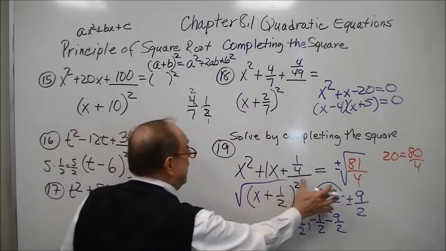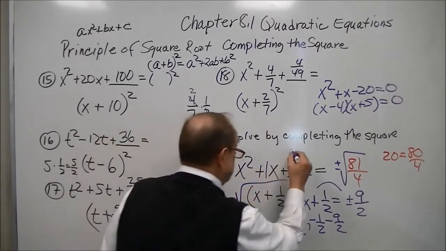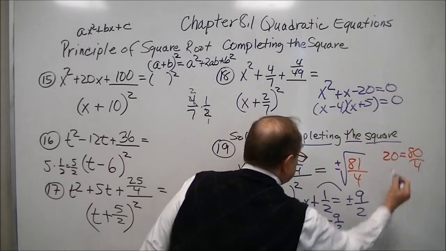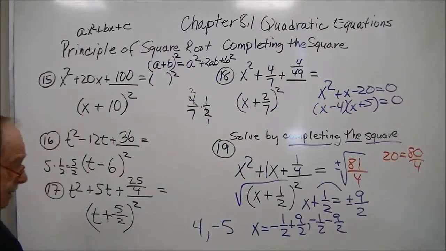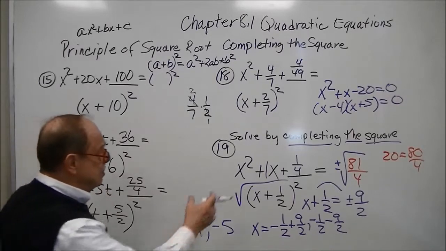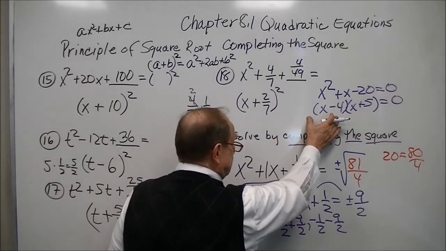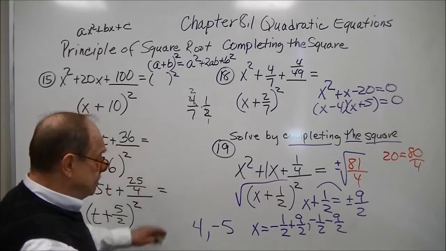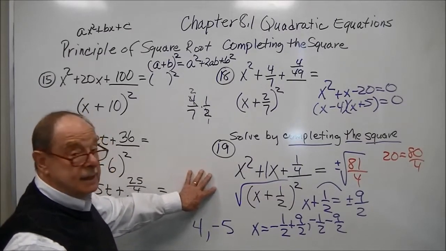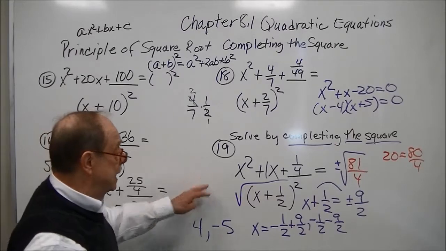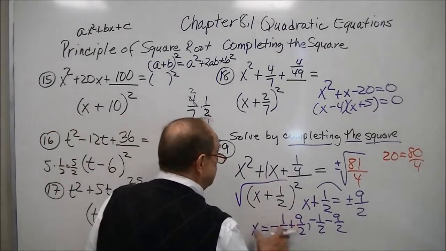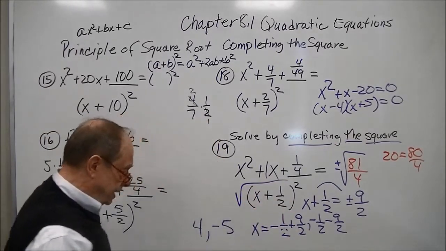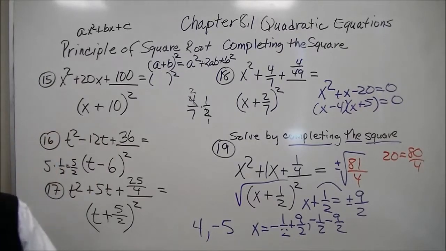We did it by doing the process of completing the square. But again, you might say, wow, it's so much easier if we factor it. True, in this case. In some cases, it's going to be rather easy to complete the square, especially if you don't get fractions, as you'll see here shortly as we do some others.